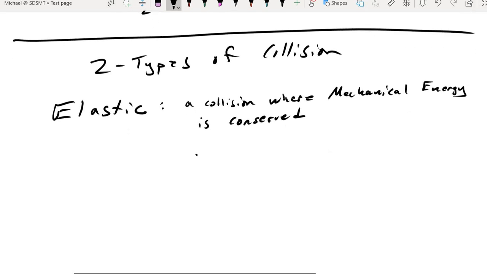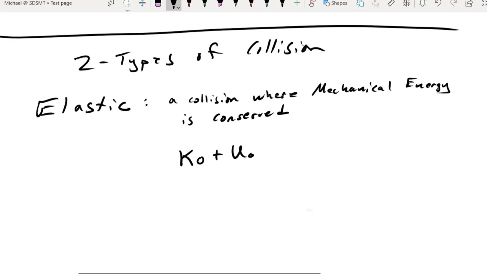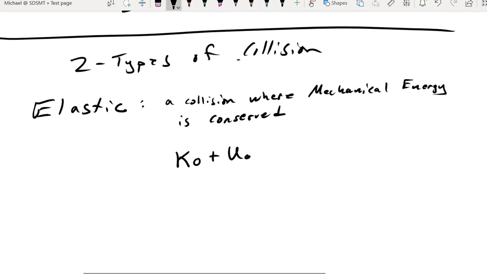So in other words, the combination of kinetic and potential energy that we have in the system before the collision has to equal the combination of kinetic and potential energy after the collision.